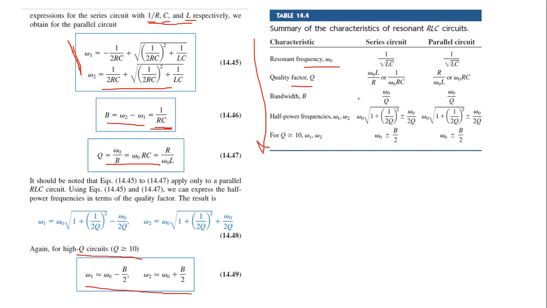Next bandwidth is the same, that is omega naught by Q, and the half power frequency formulas are given here. When quality factor is greater than or equal to 10, they can be determined like this, omega naught plus or minus B by 2. It is same for both series and parallel resonant circuit.